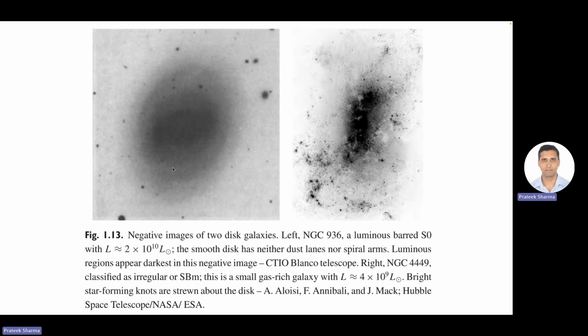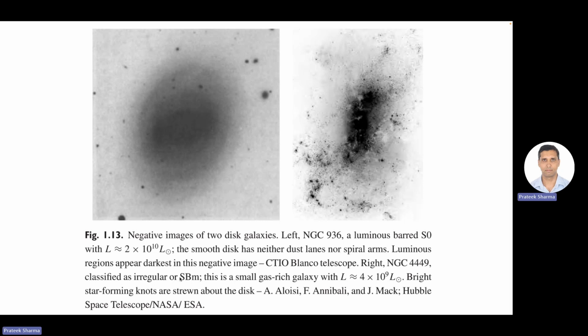Okay, so we talked about ellipticals and spirals, but there are also other kinds of galaxies, like the Large Magellanic Cloud, the LMC, one of our nearest galaxies. It's sort of an irregular galaxy.